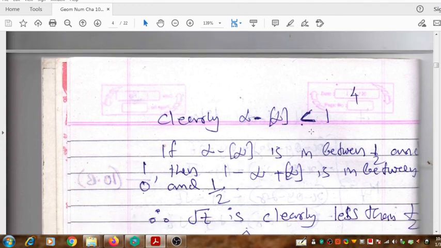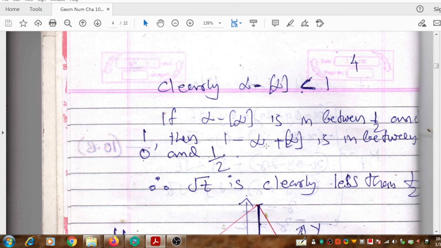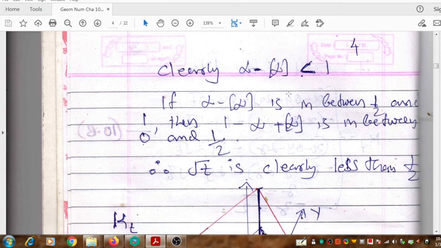Then 1 minus alpha plus alpha in square bracket is between 0 and 1 by 2 in that case.